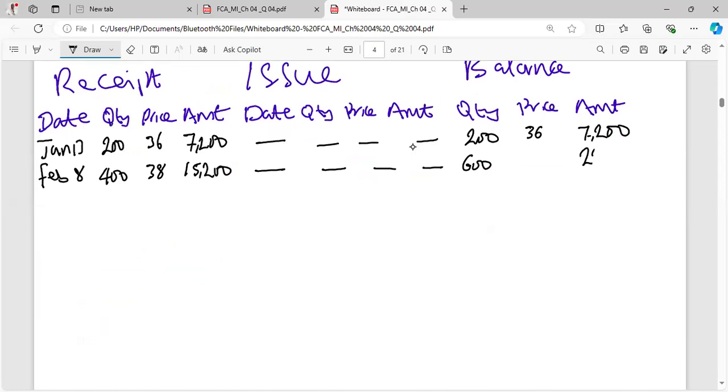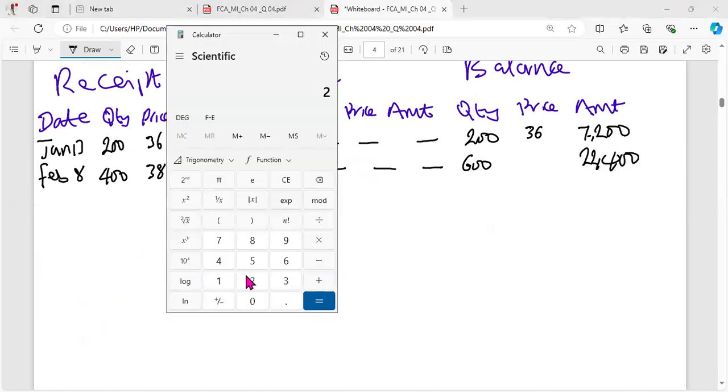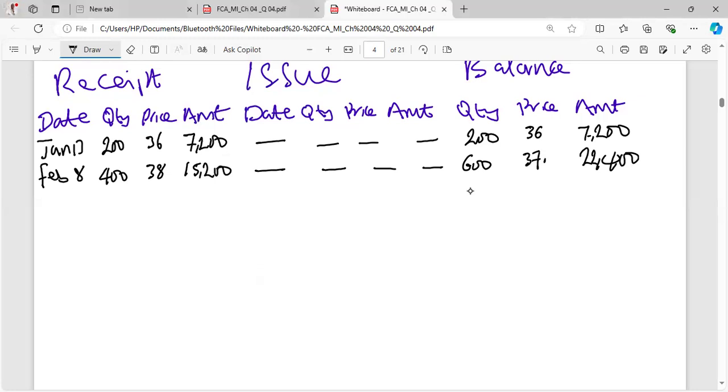So we have 22,400. When we divide 22,400 by 600, so each time we have the balance, 22,400 now is the value, divided by 600, 37.33. So this is going to be at 37.33, 2 decimal.